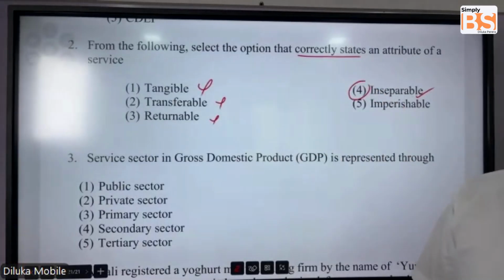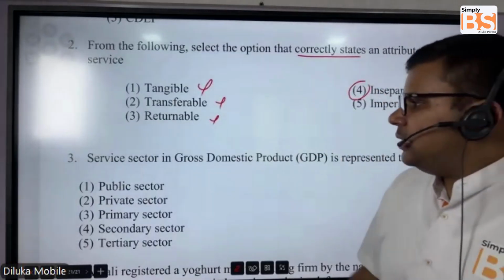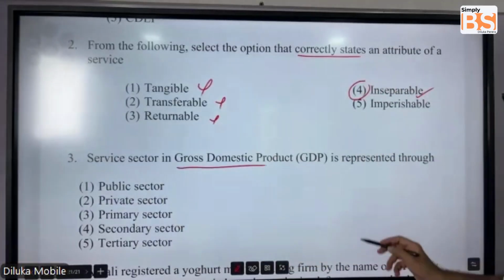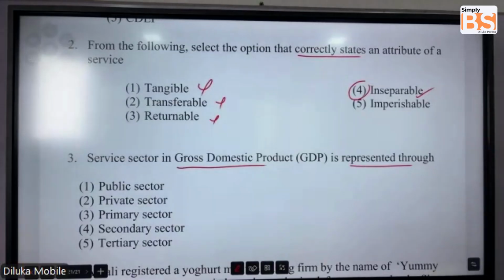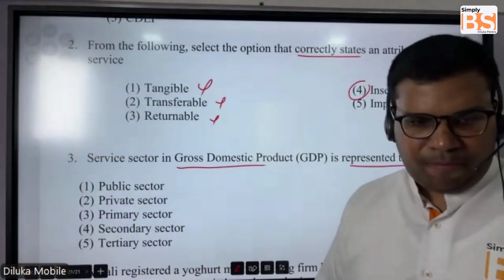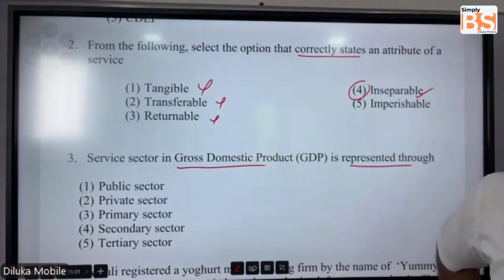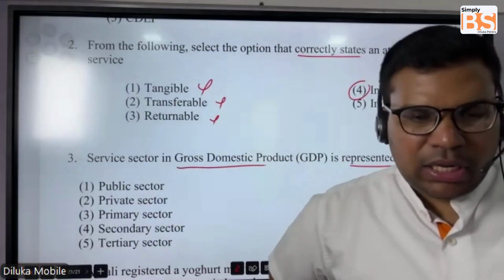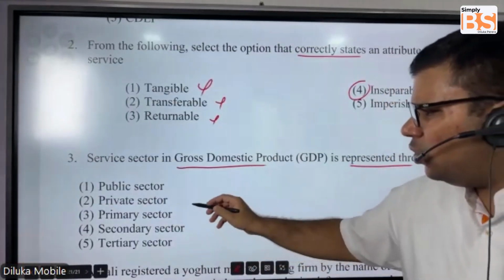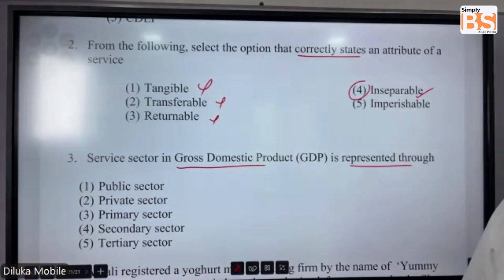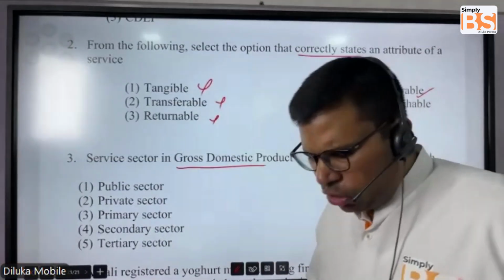Correct. Then, the service sector in gross domestic product is represented through what? Public sector? No. We learned about the classification, how to calculate the gross domestic product.